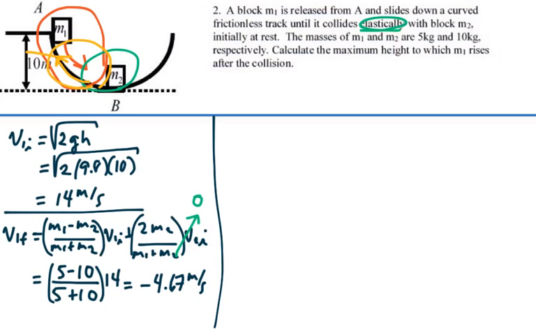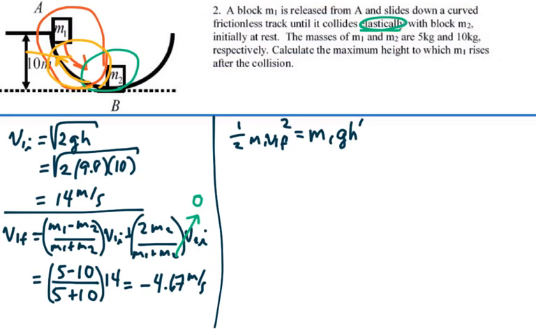That's going to be converted, with that kinetic energy, 1/2 mass 1 V1 final squared, into potential energy of mass 1 times g times the final height, let's call it h prime.